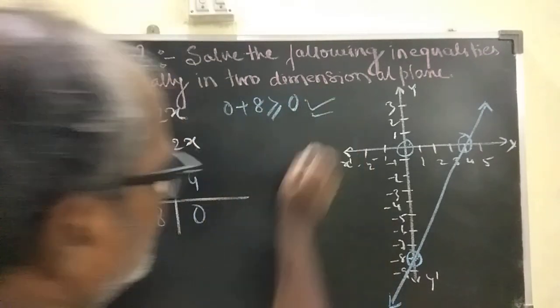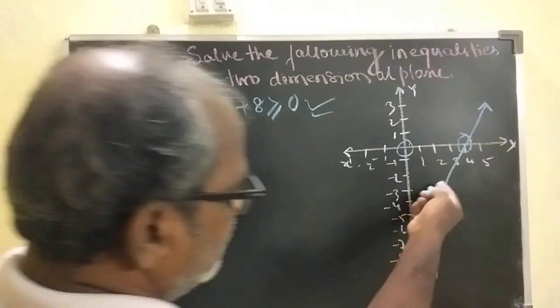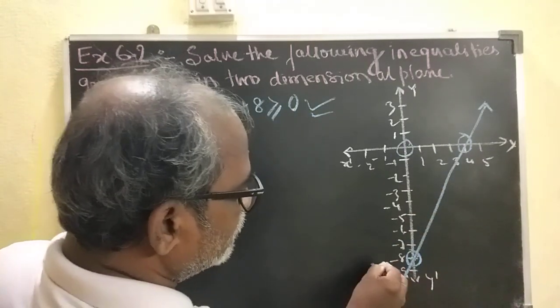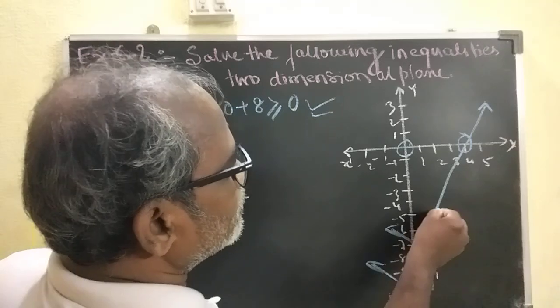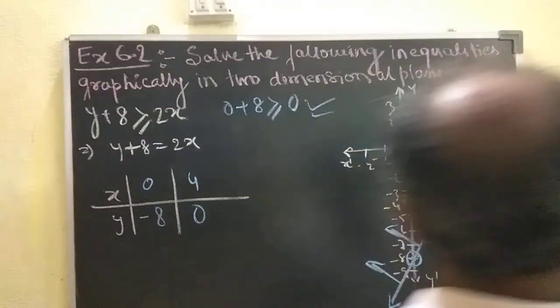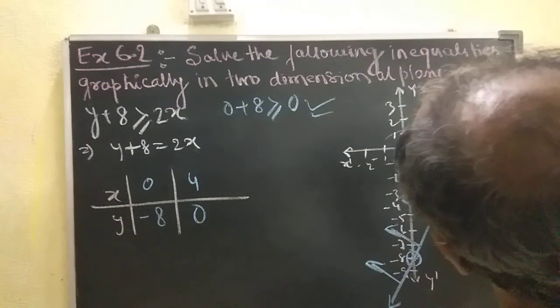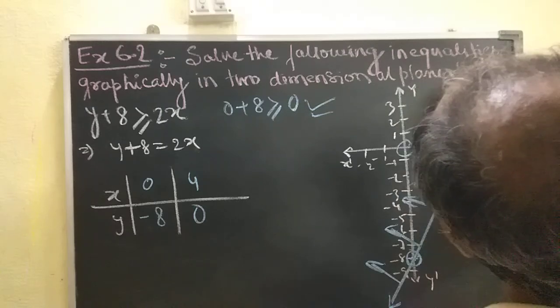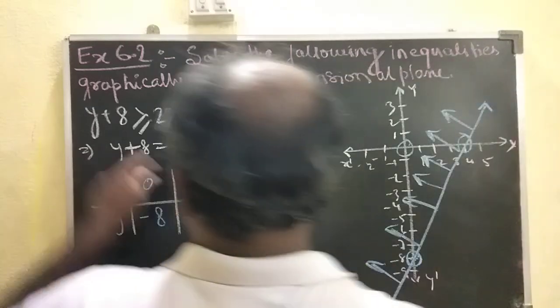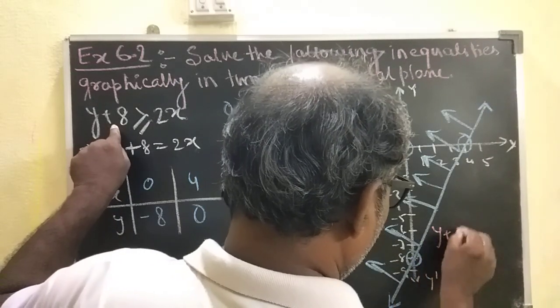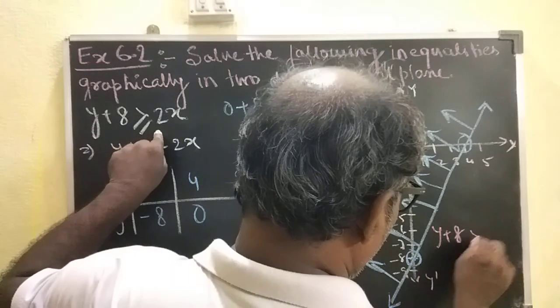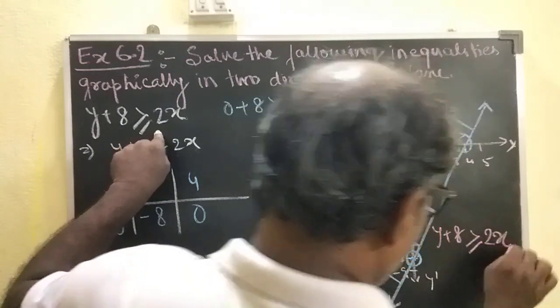This is true. That means what? We have to shade the points towards here, so we are shading the points this way, and writing the equation y plus 8 is greater than or equal to 2x.